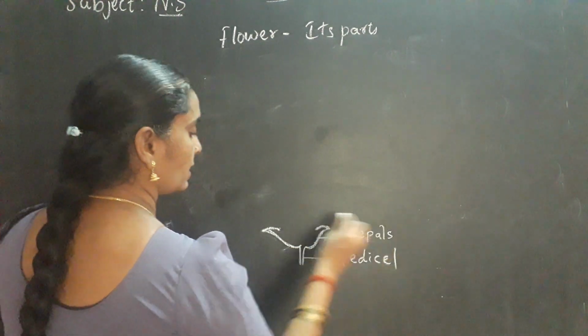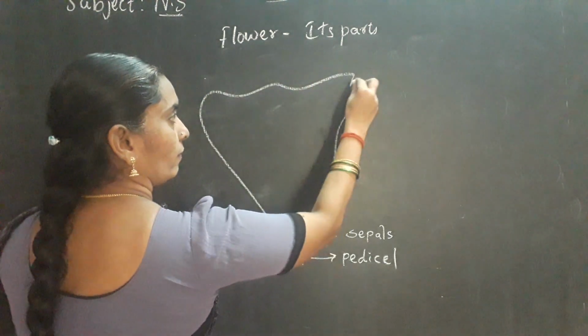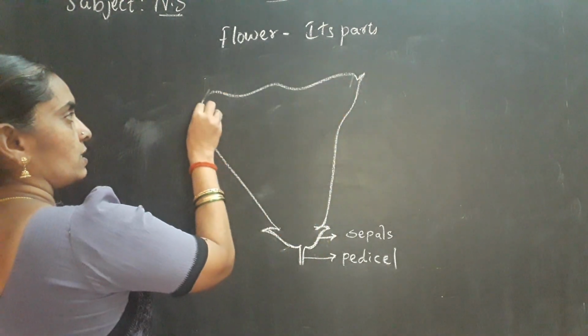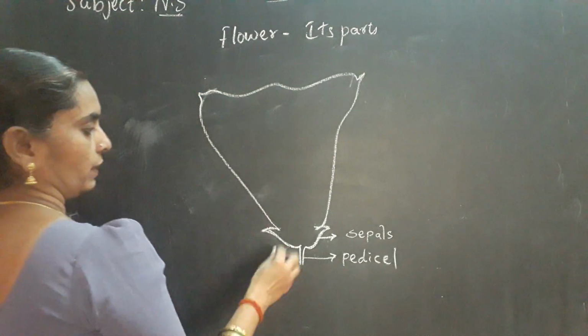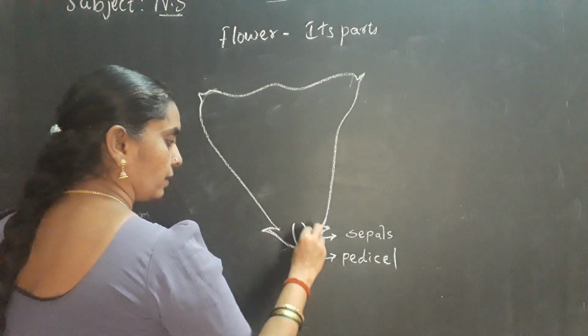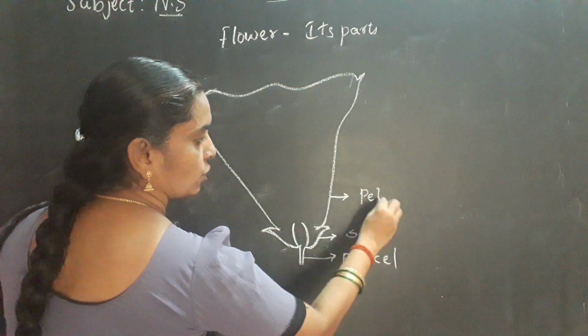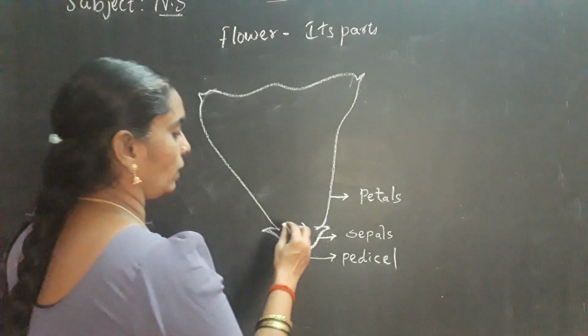They constitute the first whorl of the flower. Now, if you see this structure of the flower that I have drawn here on the board, this is the second whorl which contains petals of different colors. It is the second whorl, corolla.